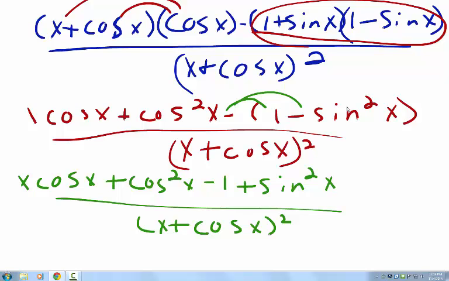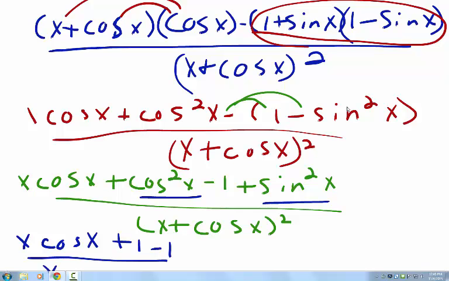Now here I recognize that we have one of our trig identities. I know that cosine squared of x plus sine squared of x is equal to 1. So I can rewrite our quotient as x cosine of x plus 1 minus 1 all over x plus cosine of x squared.